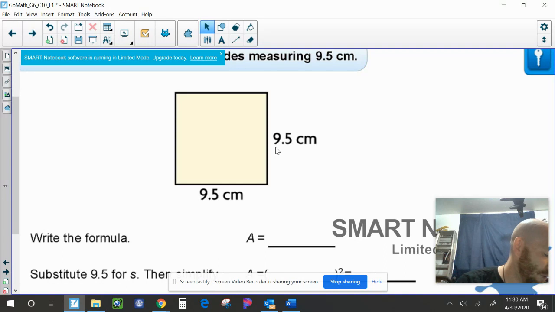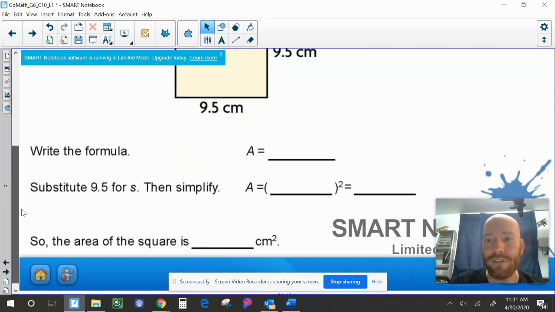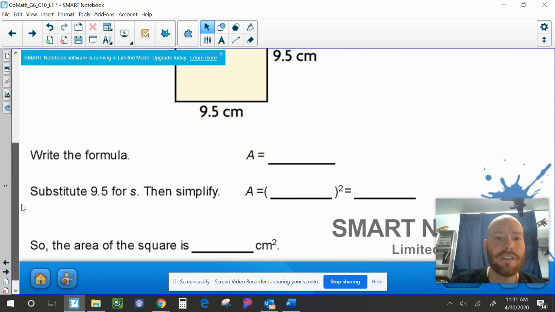I'll do the math over here off screen. 9.5 times 9.5. Oh, I don't think I did that right. 9.5 times 9.5. No, I guess I did. Is 90 1/4 centimeters, or 90.25. So the area is 90.25 centimeters.